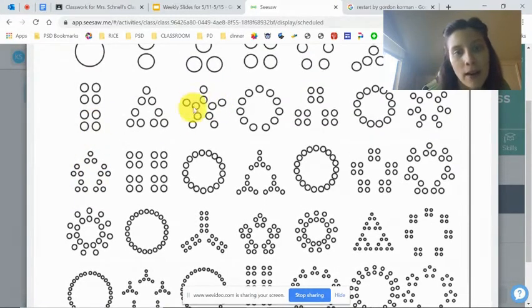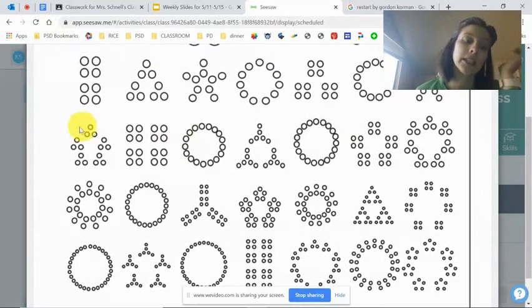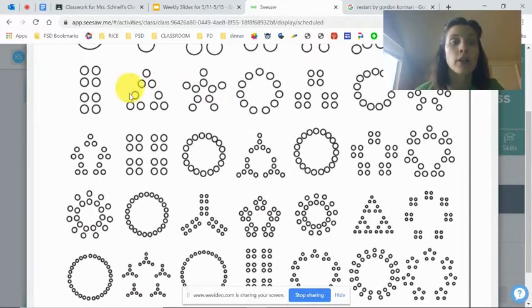Right? I could have chosen this pattern. I see 2 dots and they're situated in a circle and there's 5 of them. And this reminds me of a star, right? A star shape. So you can be as creative as seeing a penguin, or you can just see normal shapes like a star or a triangle. But you need to tell me, okay, I see 3 groups of 3 situated in a triangular shape, and it reminds me of a triangle, right?